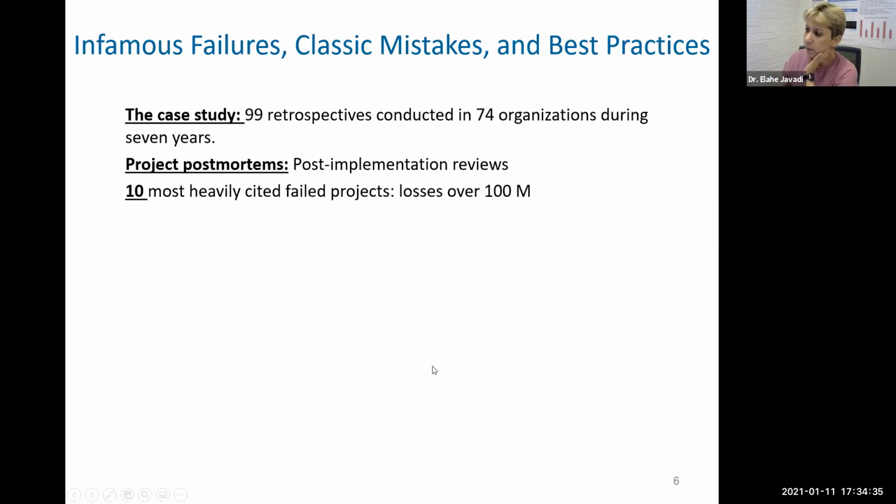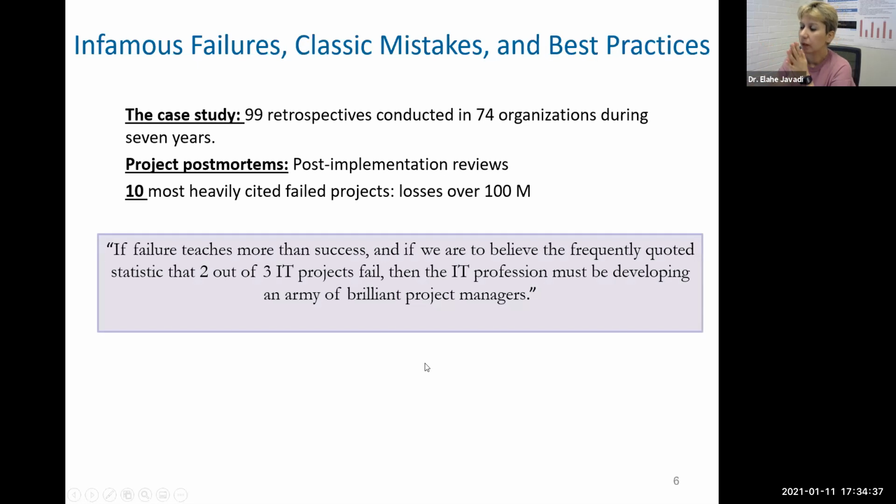They did the post-mortem, when you look at the project after it died, and they analyzed them and came up with a list of what they call classic mistakes. And those are the mistakes that have occurred again and again in our profession.